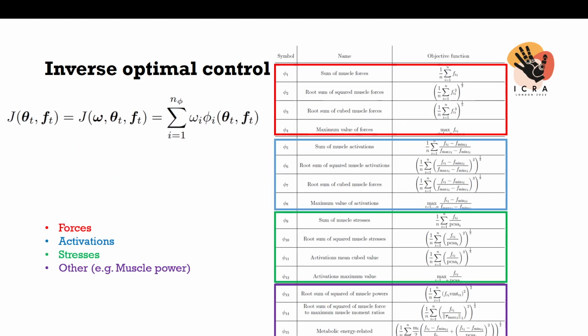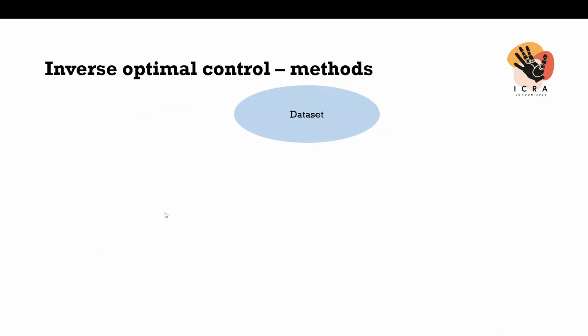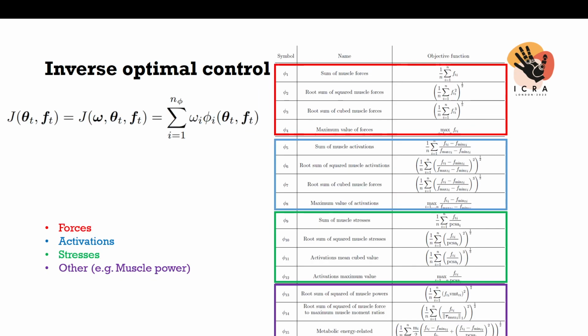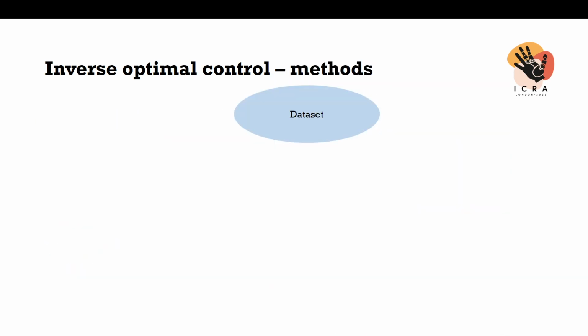The types of feature functions we use can be classified into muscle forces, muscle activation norms, muscle stress norms, and some other cost functions that have been used in the literature before. So now we're just supposing that the cost function is a linear combination of the features.